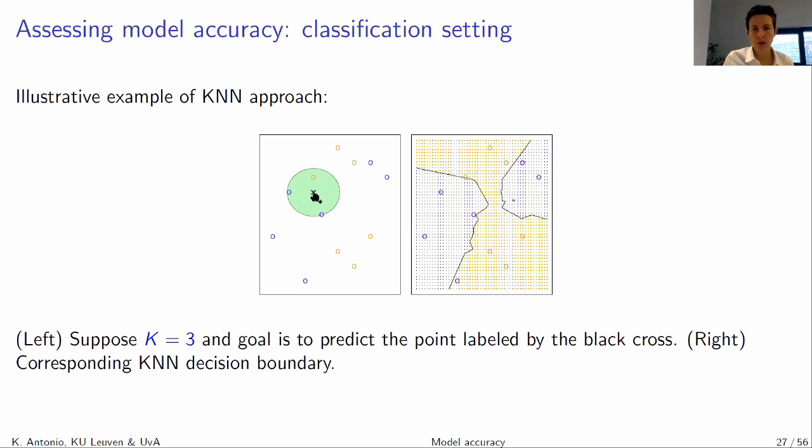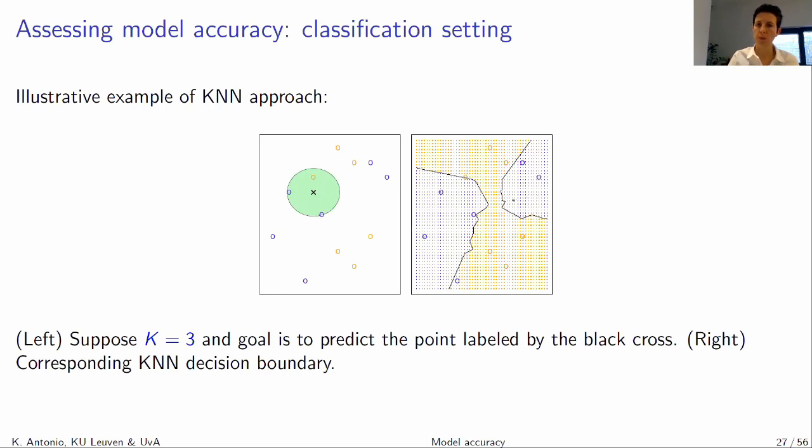So that means if I have to predict or attribute a label to a new observation identified here with the cross, then I'm going to look for the 3 observations in my training data which are closest to this observation identified here with the cross, right? So if I do that with Euclidean distance, I get the 3 observations identified here. I see that 2 of them are blue and 1 is orange.